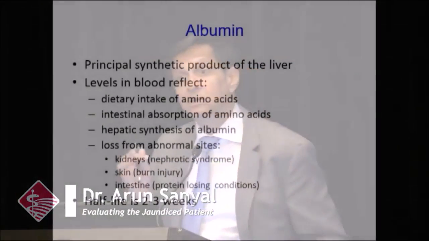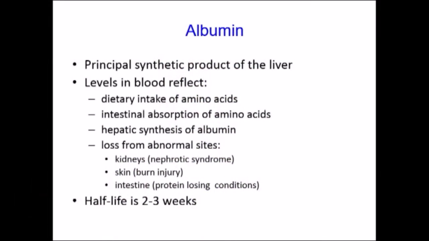The third test we use is the albumin, which is the principal synthetic product of the liver, but the levels in blood reflect nutrition, absorption, liver synthesis, and potential loss from abnormal sites. So if you have severe nephrotic syndrome, you might have a low albumin that has nothing to do with the liver.